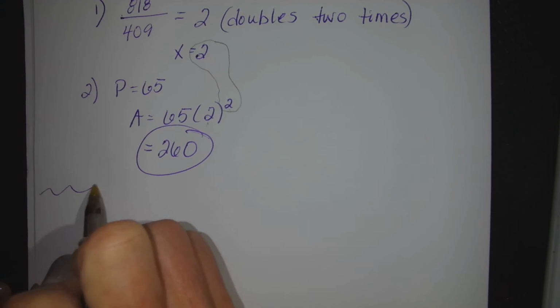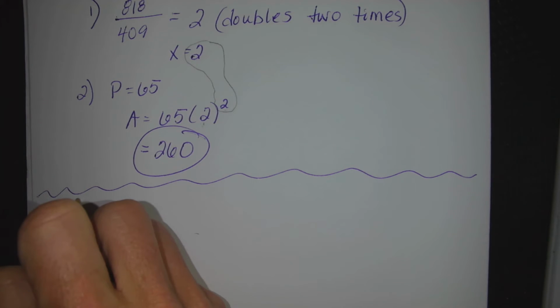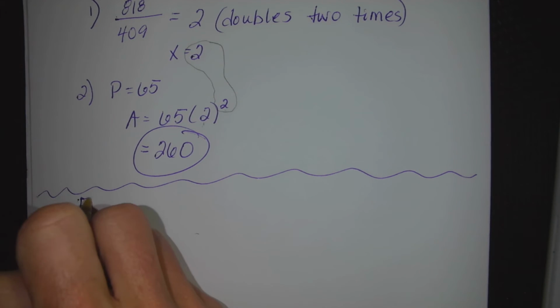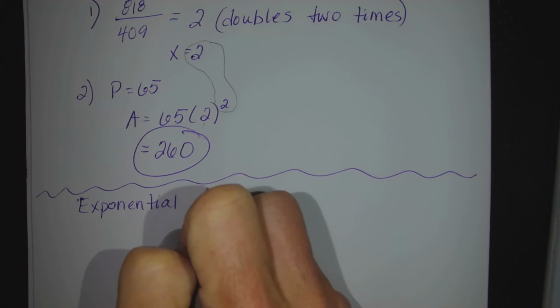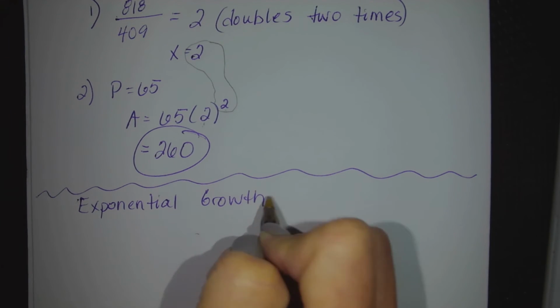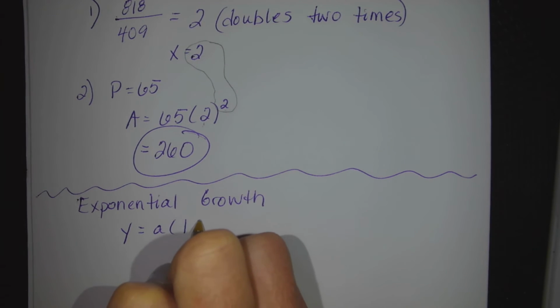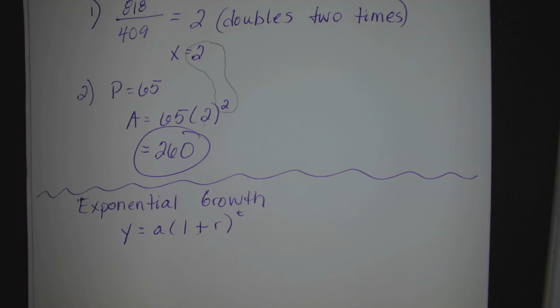All right, I'm going to do a squiggly because we're going to the other formula. 3, 4, and 5 are easier for me. Okay? Here is your second formula-ish. We have exponential growth, which is y equals a times 1 plus r to the t.